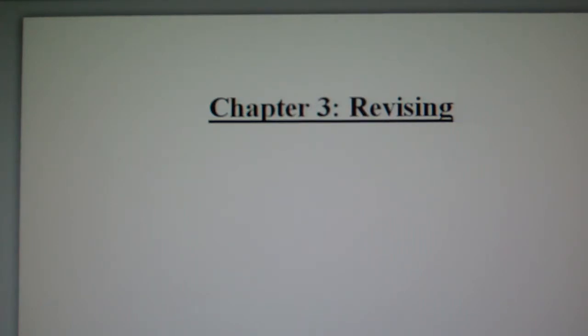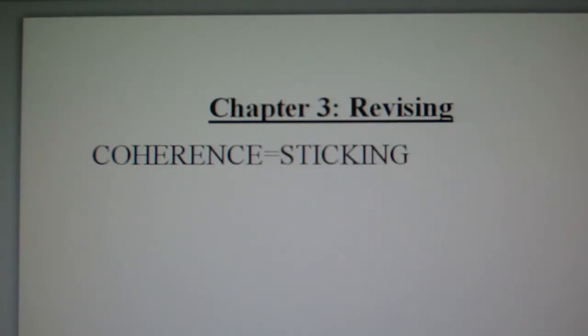The last thing is referenced on page 55, and it really is one of the key aspects of revision. It's coherence. And literally it means sticking together.